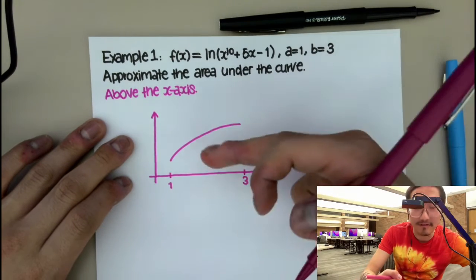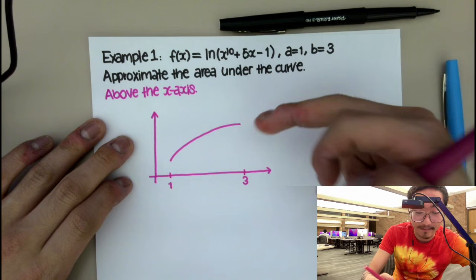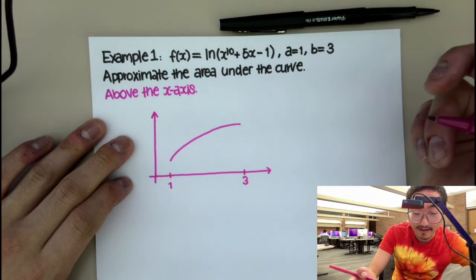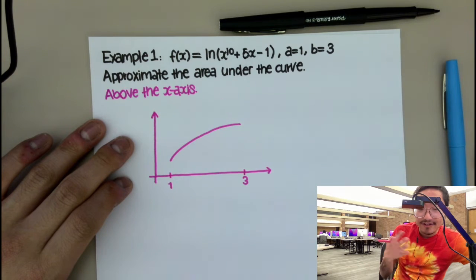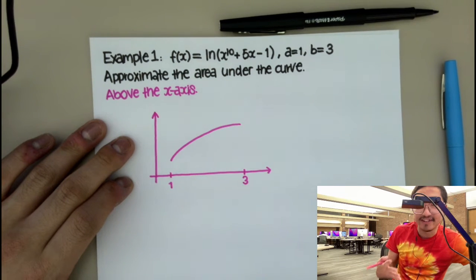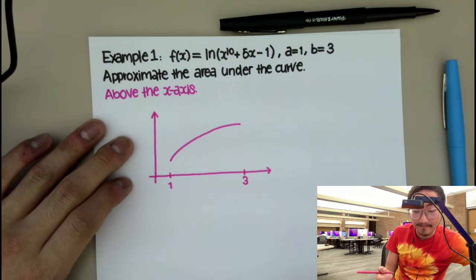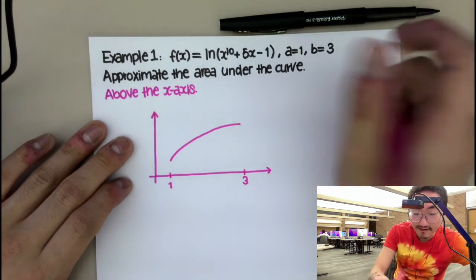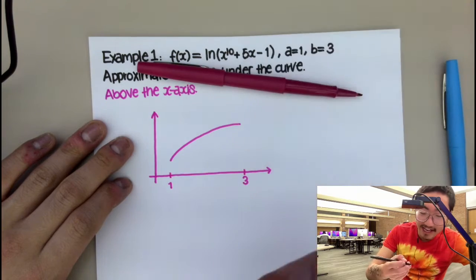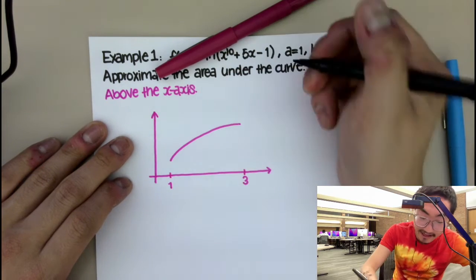Here's the function, though not to scale. In this case, we want to use n equals 4.